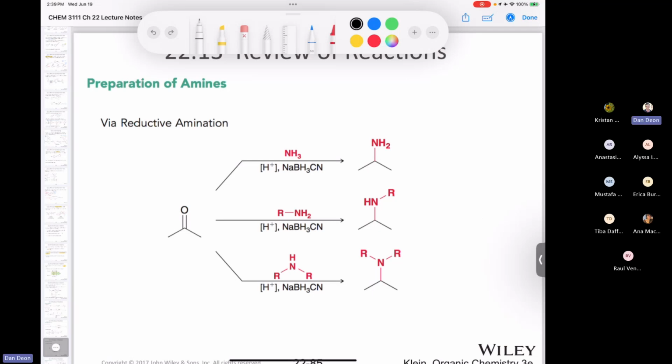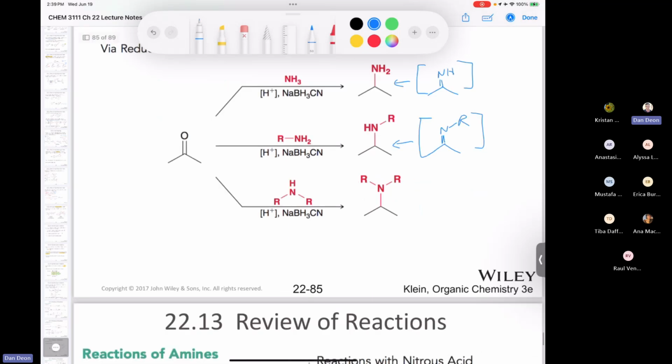What's cool about these reactions is that you form the imine in situ, and then the imine gets reduced by the sodium cyanoborohydride down to the amine.